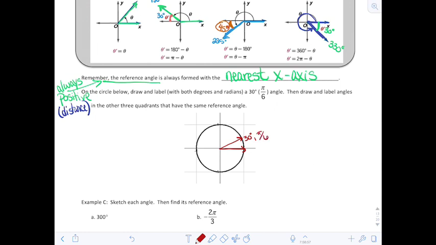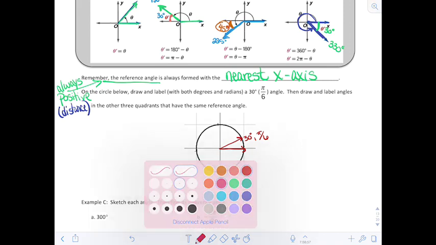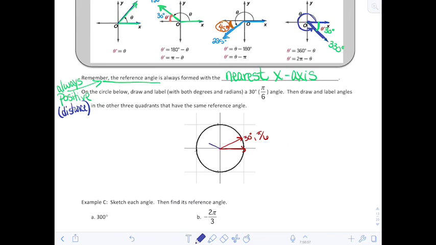So if we want a reference angle in the second quadrant of 30 degrees, in a different color, we're going to put it over here. This might be how big? Well, if this is a 30-degree reference angle, this whole angle must be 180 minus 30, or 150 degrees.